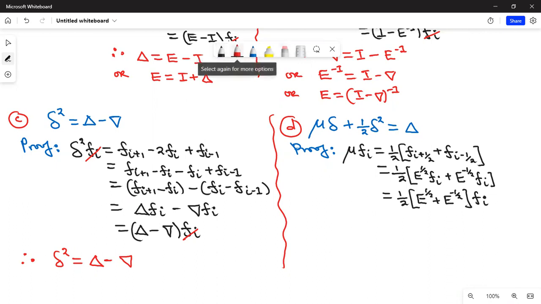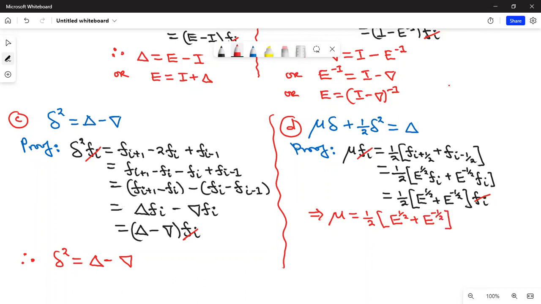And you realize that if I cancel this and this one, I am going to get mu is equal to 1/2 times the shift raised to 1/2 plus another shift raised to negative 1/2.